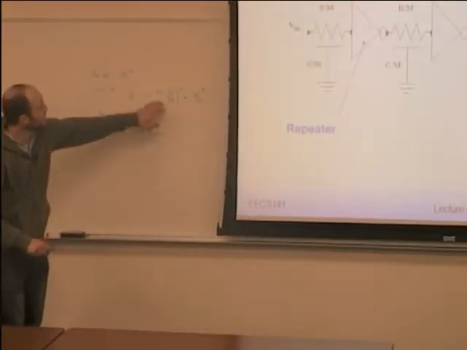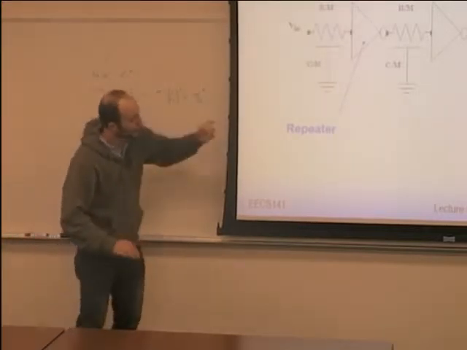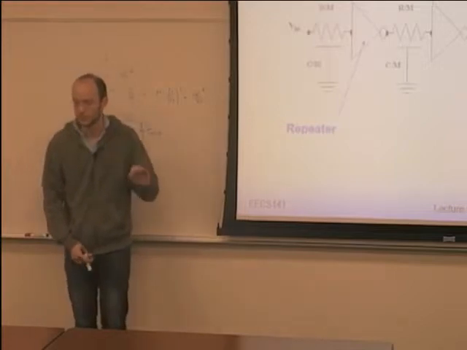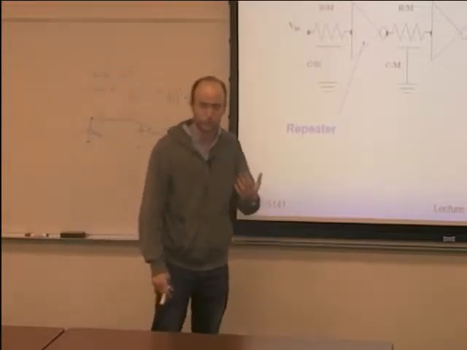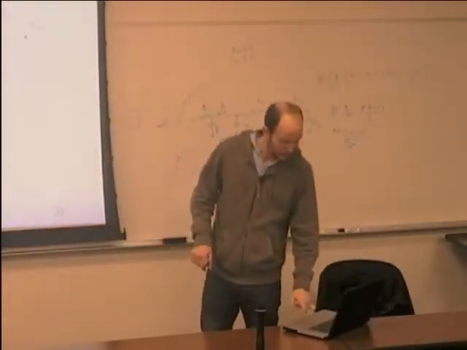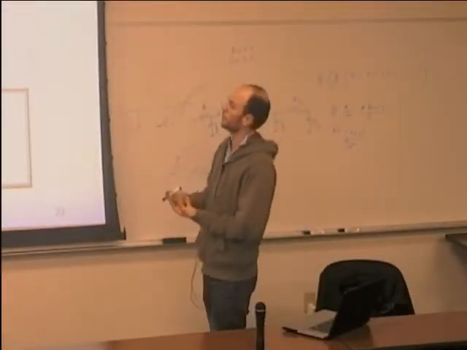So clearly, if the buffer delay is 0, the optimal number of buffers is infinity. Impractical and not true. Because the buffer delay is non-zero, there is actually an optimum number of buffers.